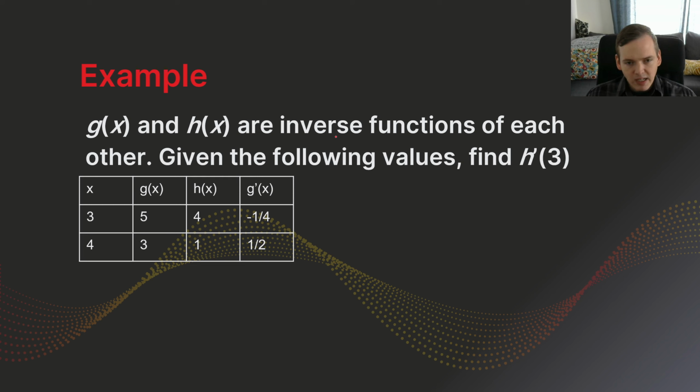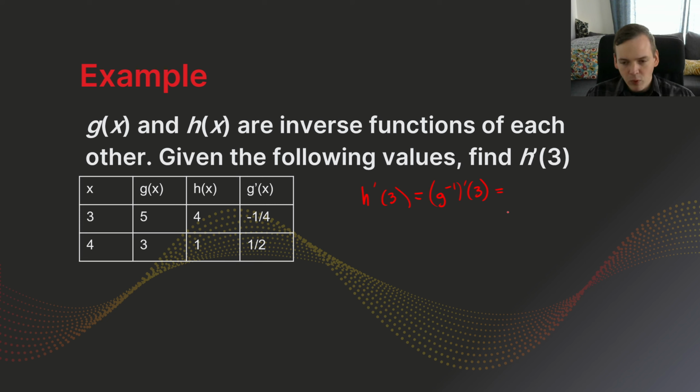g and h of x are inverse functions of each other. Given the following values, find h prime of 3. So h prime of 3, you'll notice we don't have h prime on this table, so there's no way to just look at the table and find it directly. But we know that h prime is also equal to g inverse prime of 3, because h and g are inverses of each other.